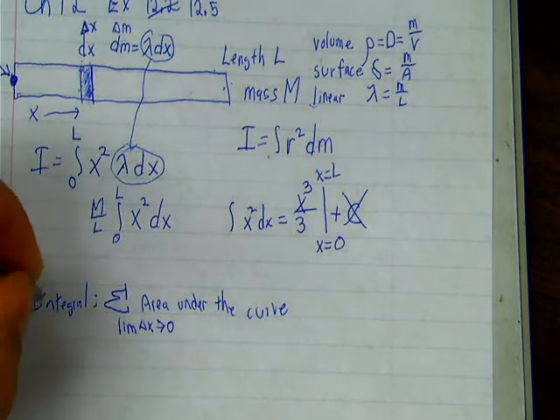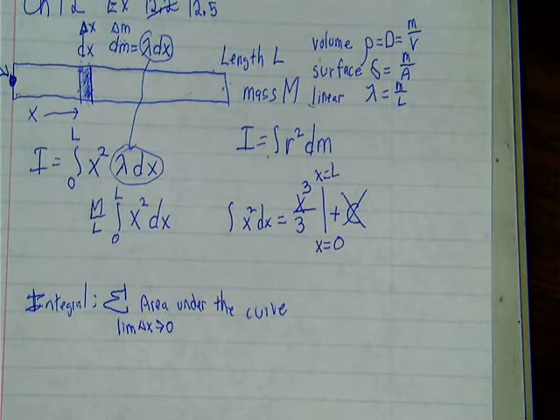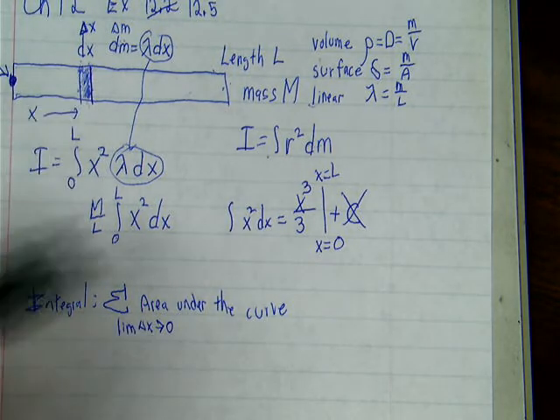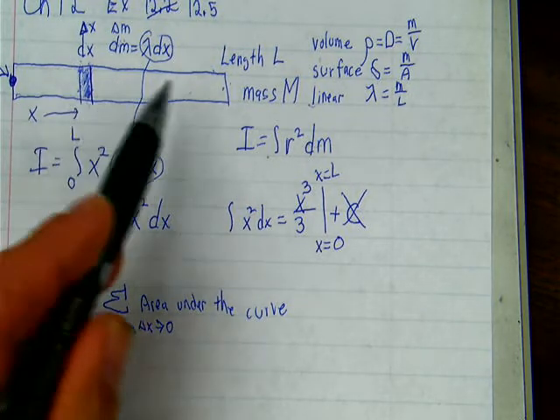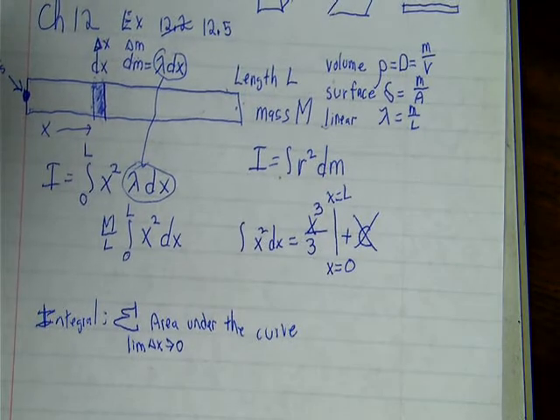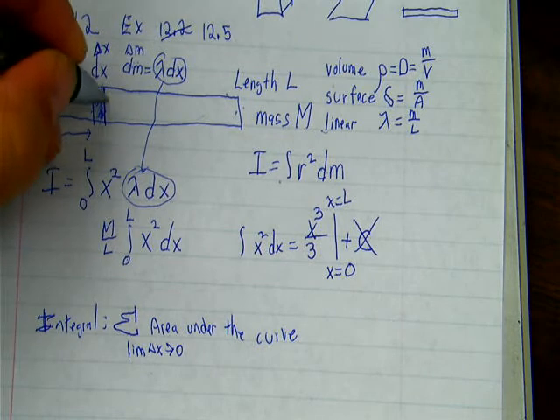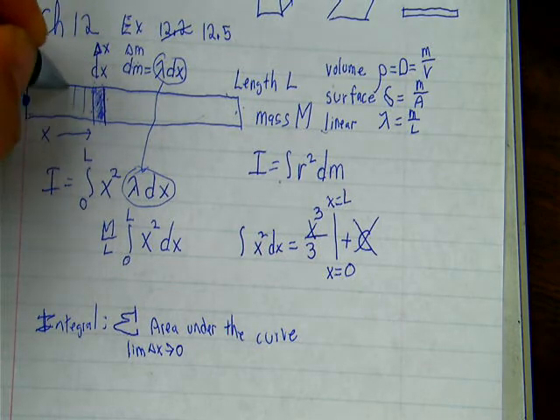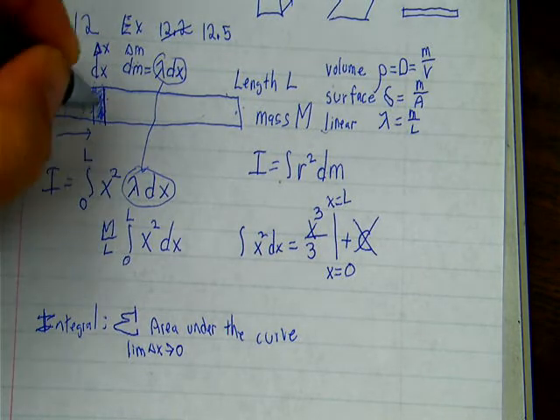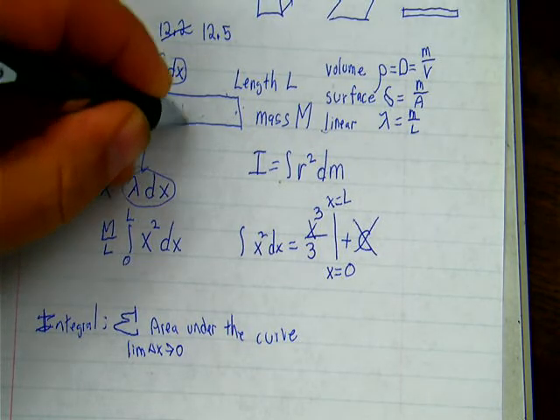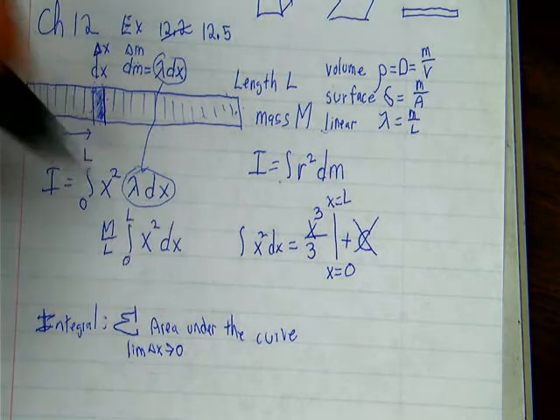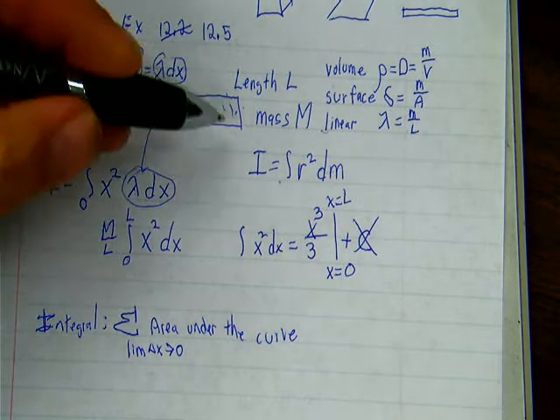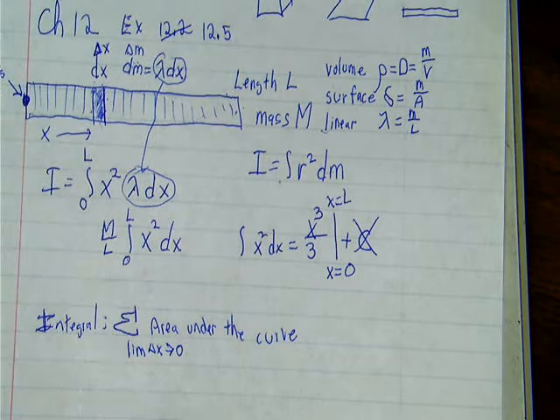An integral is the limit as this little piece goes to 0 of the sum of all the little pieces added together. So this is just one little piece, but the entire rod will be split up into all of these little pieces, and then each one calculated and then added together. That total is the integral in this problem.